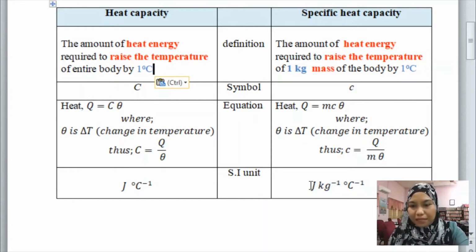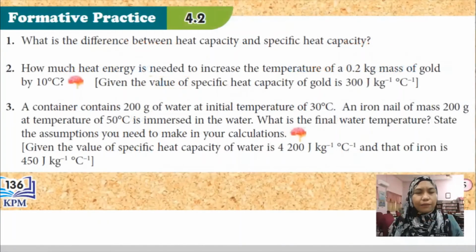So the unit for specific heat capacity is joule per kilogram per degree Celsius. Now let's continue to the second question.